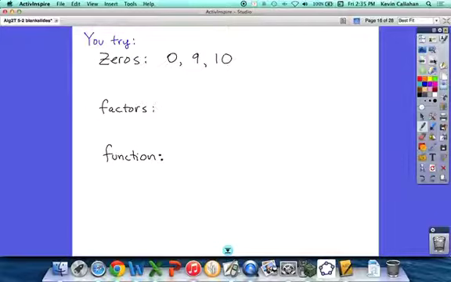Wouldn't that just be 0? Well, first of all, if you were going to say that, why wouldn't you say x minus 0? Because we said always do x minus, right? You wouldn't leave it like that. You're going to make that x, right? Minus 0 doesn't change it, so you're just going to write x times x minus 9 times x minus 10.